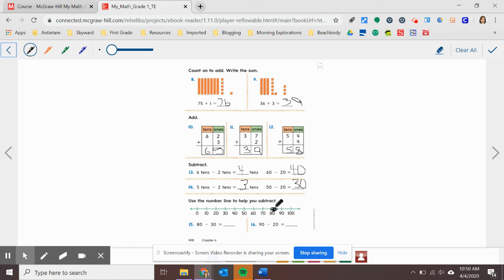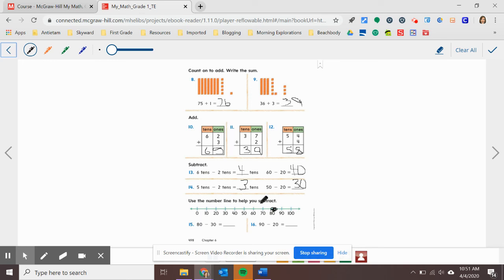And then I need to think, okay, well, I'm subtracting 30. So how many times am I going to bump back? Because I'm taking away. Well, I look at this first number in 30 and I see that 3, and I know I'm going to be bumping back 3 times, but I can also count by tens if I want. So I'm going to bump back and count by tens. So here we go.